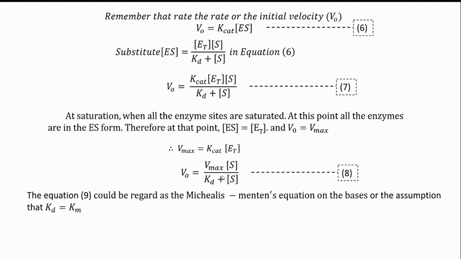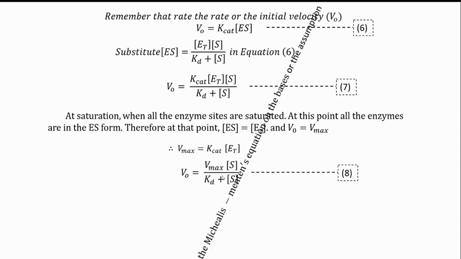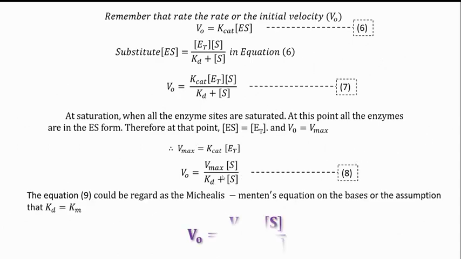Now, this actually looks like the Michaelis-Menten equation. Then we say equation 8 could be regarded as the Michaelis-Menten equation based on one assumption, that KD is equal to Km. That is equation 9.